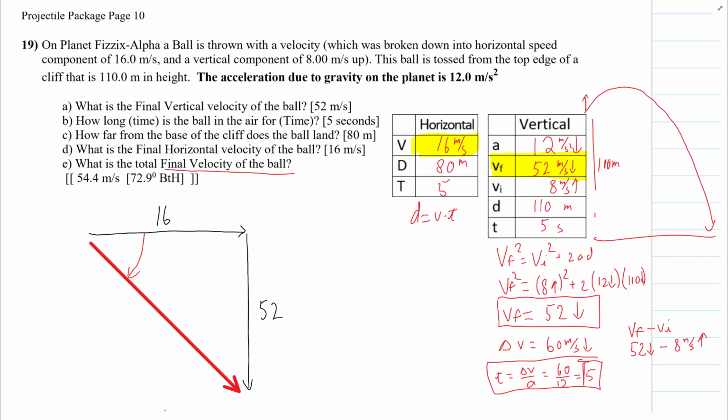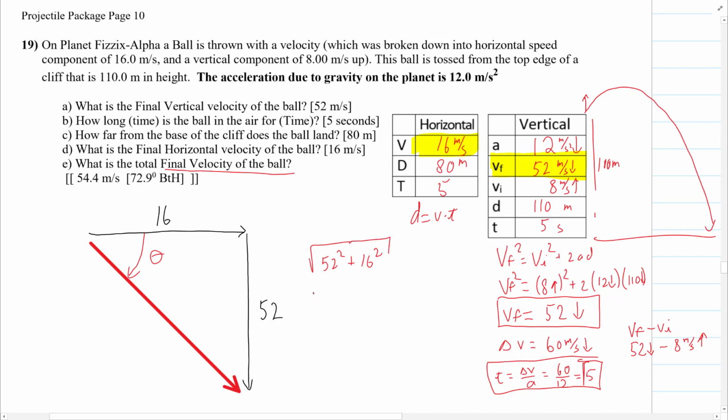And so that's from the horizontal. So we need that angle, and we need the length of that, and that labels that vector. So the length of that vector is 52 squared plus 16 squared, all square rooted. That's the length.